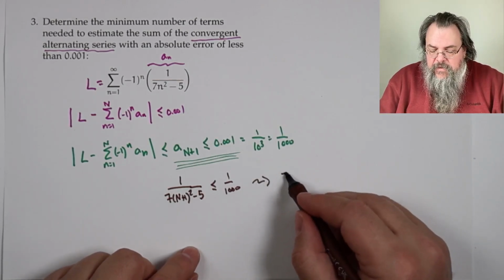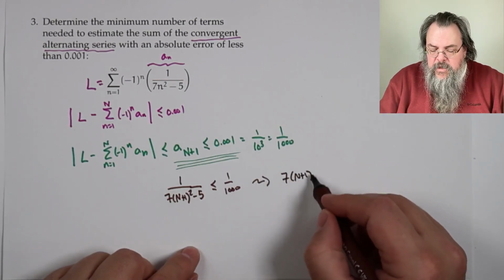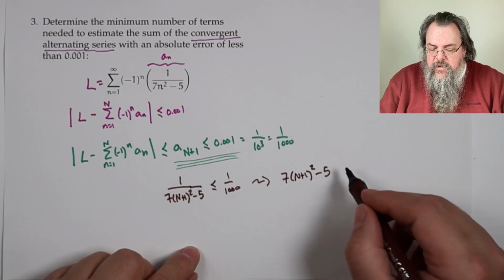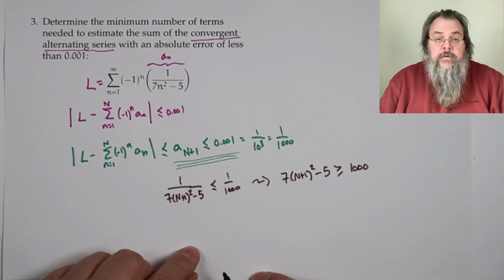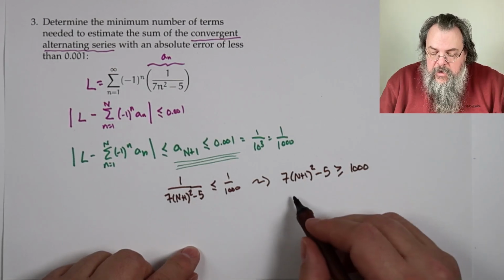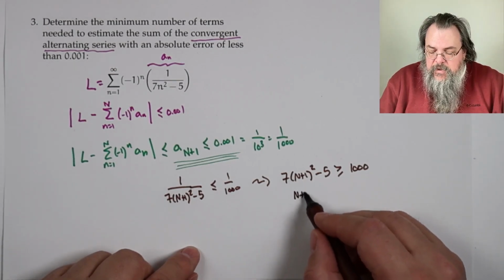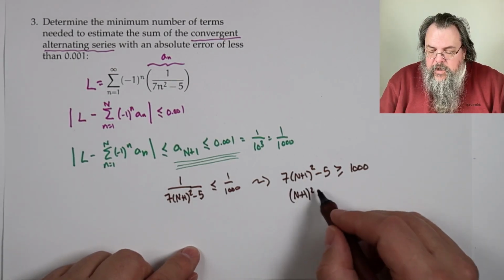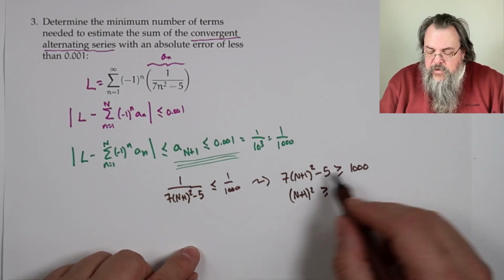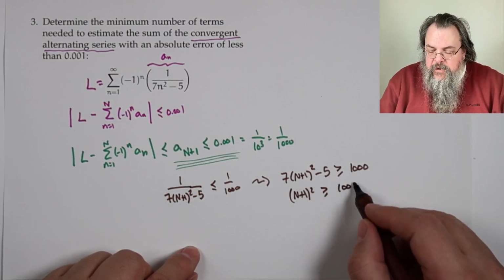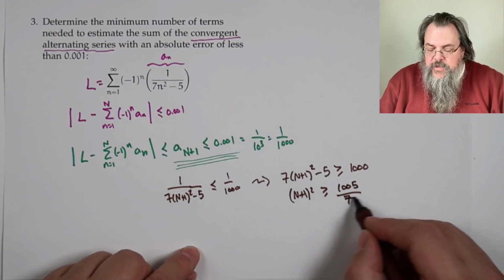So that becomes 7 times n plus 1 squared minus 5 needs to be greater than or equal to 1,000. And okay, so that says n plus 1 squared is, well, we'll add 5, 1,005 over 7.